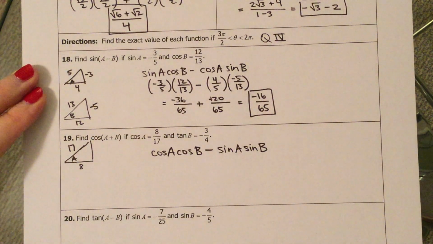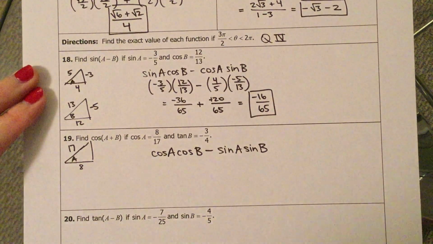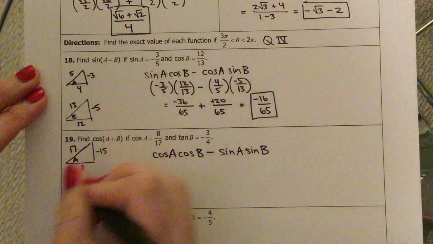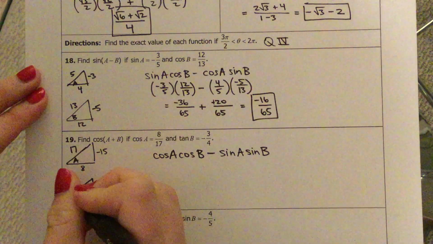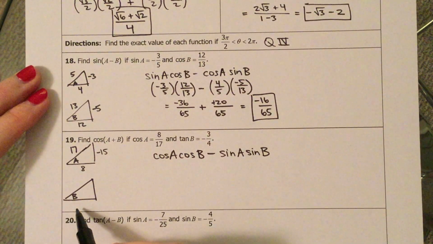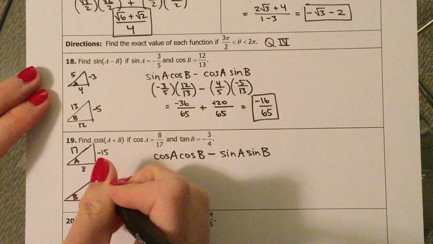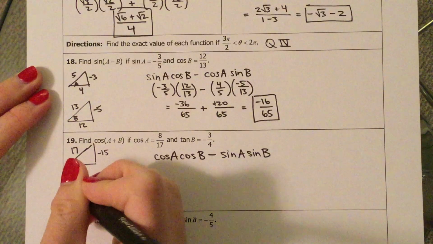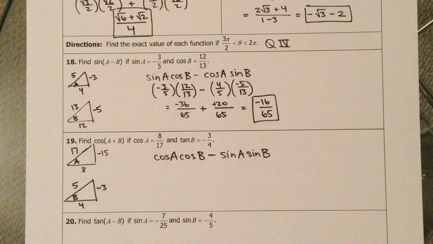So this would be an 8, 15, 17 triangle. Remember, fourth quadrant, negative y. And this is B. Tangent is opposite over adjacent. So the 3 is the negative one, 4 is positive. This is a 3, 4, 5 Pythagorean triple.